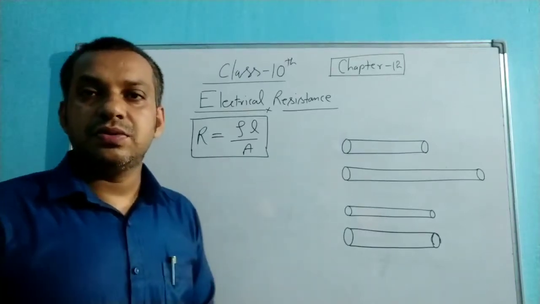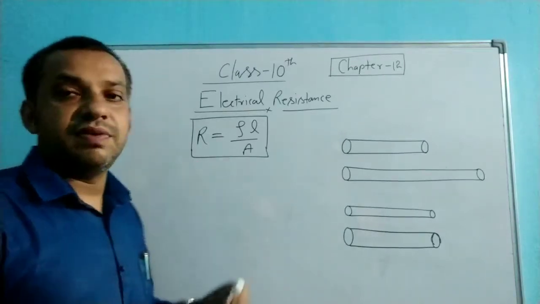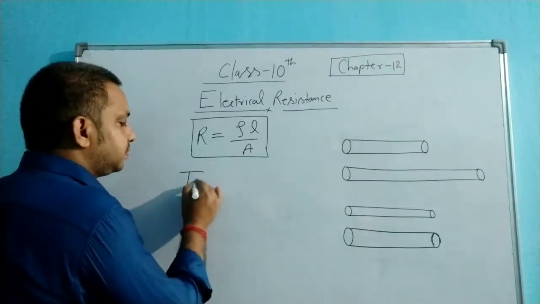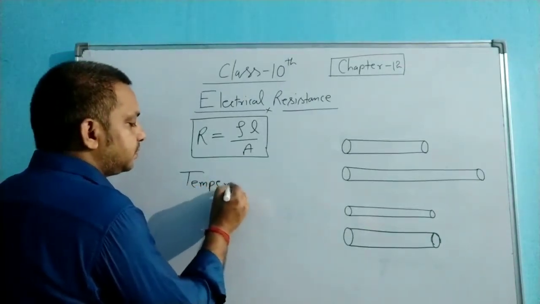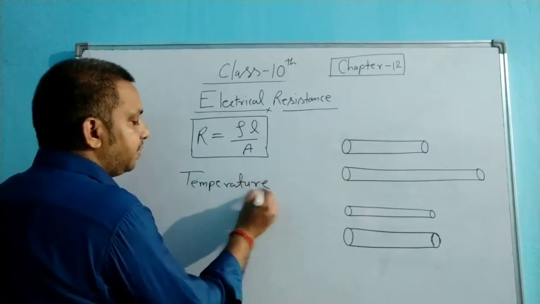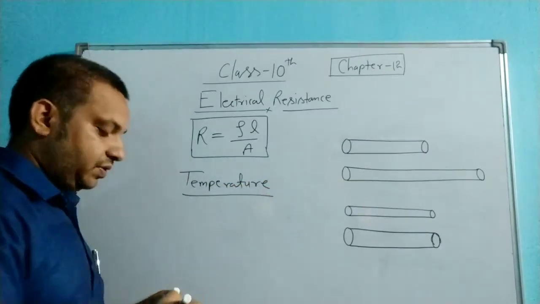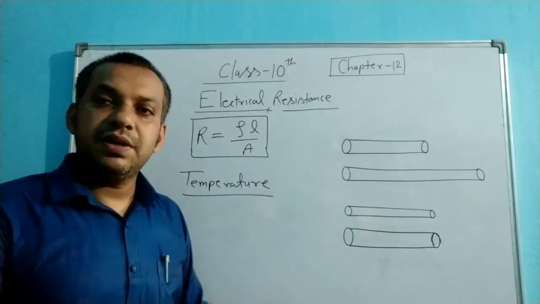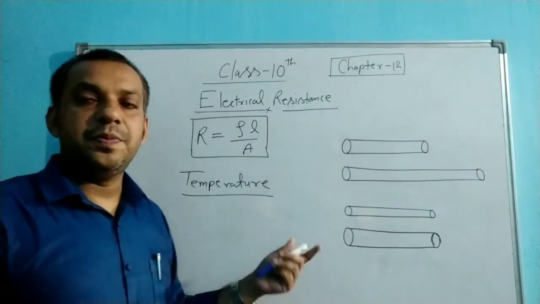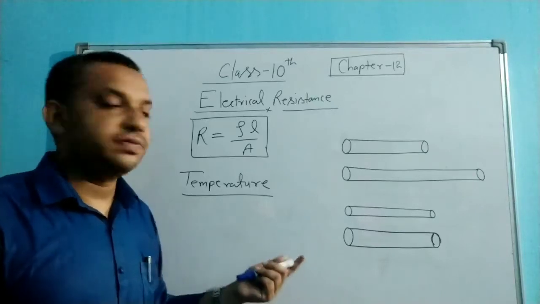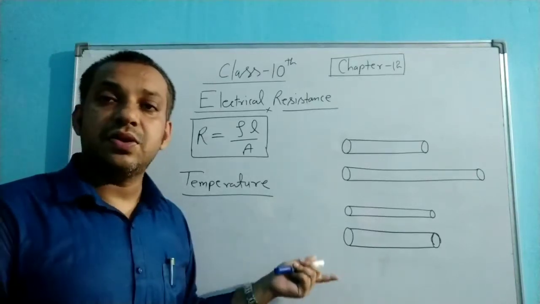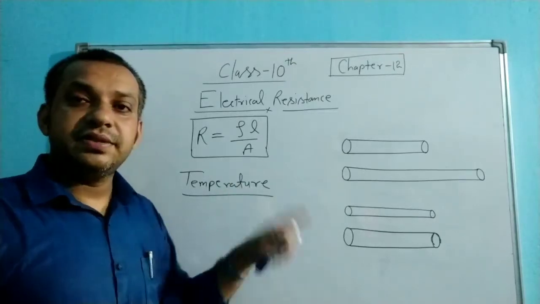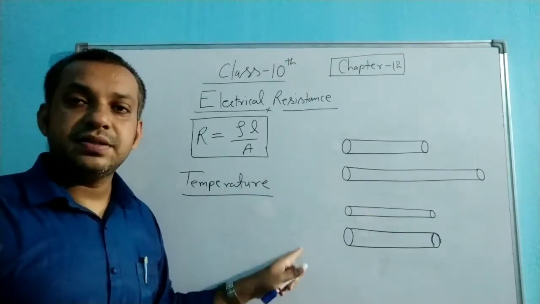One more factor which will affect the electrical resistance is temperature. So what is the effect on the electrical resistance due to the temperature? For a given conductor, if you increase the temperature, its electrical resistance also increases.